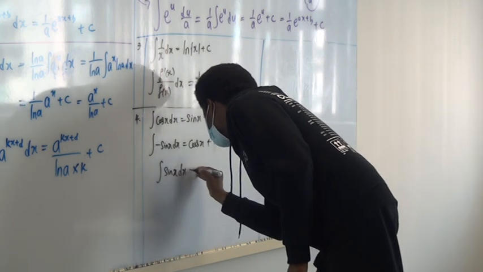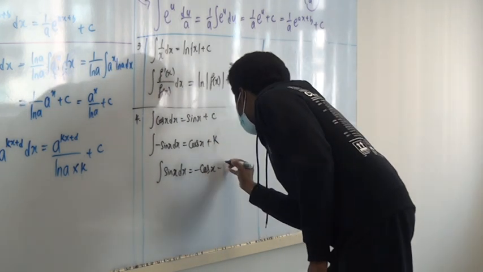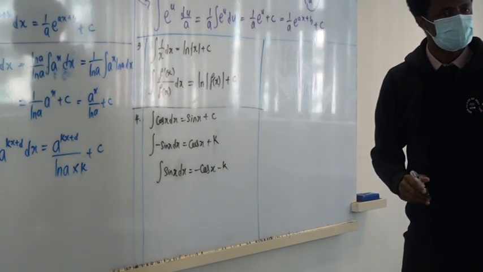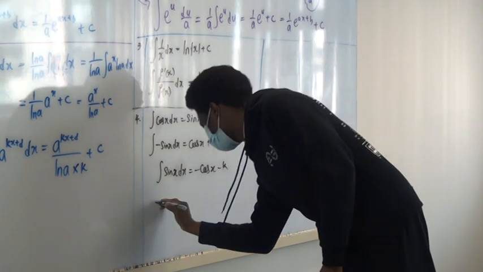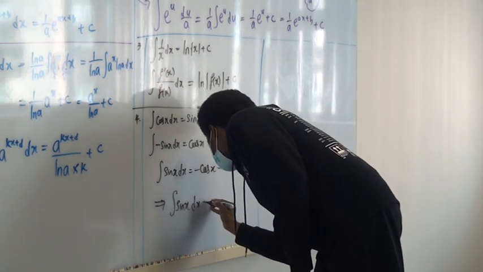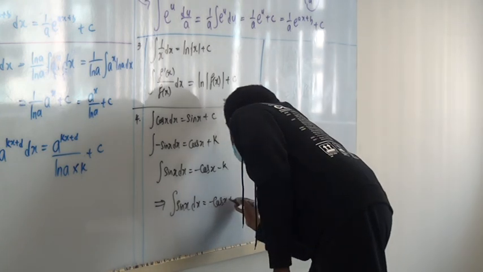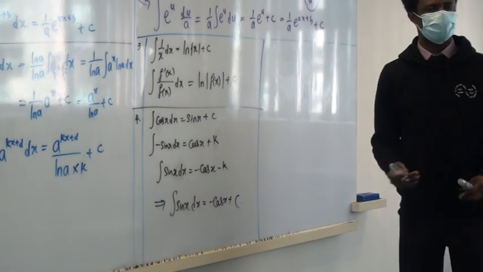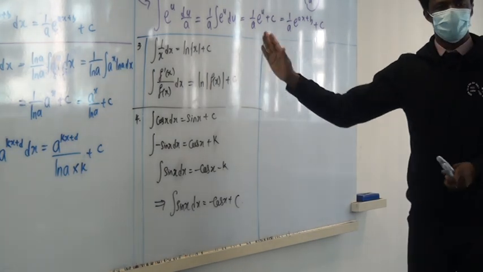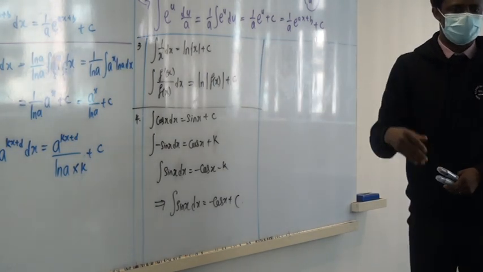Please, I need everyone's attention. To be minus cos, minus k, right? Then this, my minus k, could be the plus c. Am I making sense now? So this will be the integral of sine x dx is minus cos x plus c. This we already talked about over the weekend. Okay, so you don't have to write it twice. I'm just trying to make sure all the results are following that.